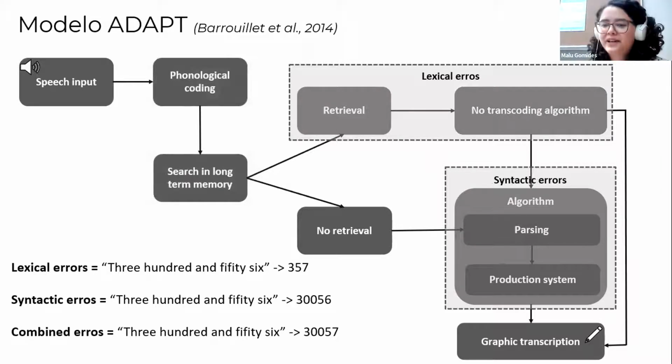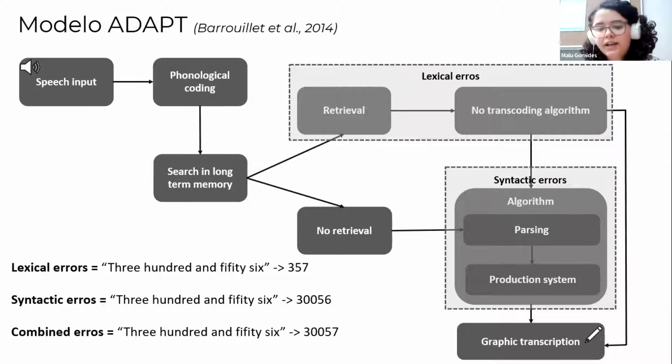Another very interesting aspect of the ADAPT model is that it assumes that different mechanisms would explain the errors present in number transcoding. We know that error types in number transcoding are very systematic, and we can classify the errors in basically two categories, lexical and syntactic errors. So lexical errors: the lexical primitive, one number, is replaced by another without affecting the place value structure of the number.